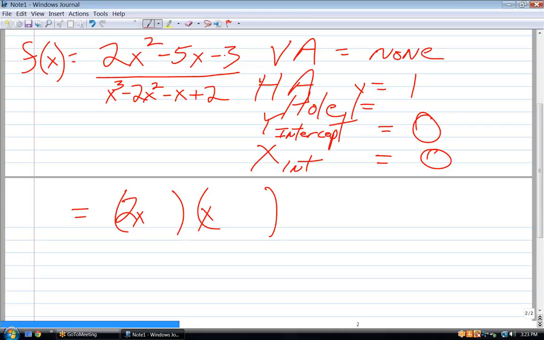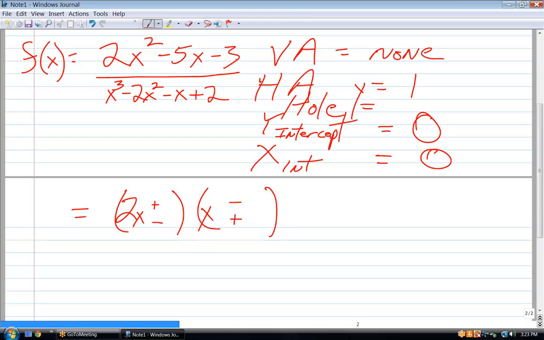The only way I can get a negative 3 is with opposite signs. Now, that either means plus minus or minus plus. I have to allow for either one because the coefficient on the x term is different. It's 2 and 1. So this becomes a much harder factoring problem.